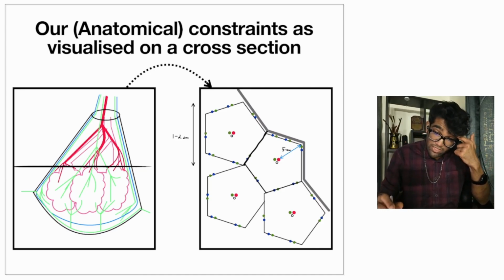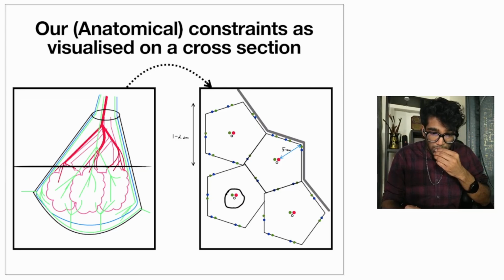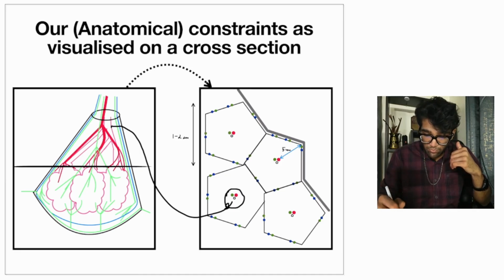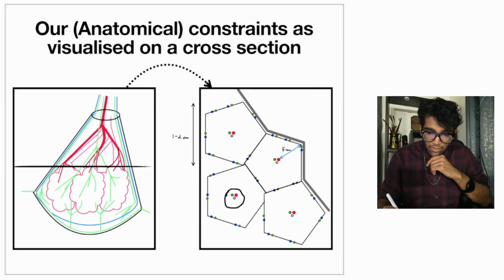In the center of the polygon you've got three structures: your pulmonary artery branch, the red structure; a lymphatic branch, the green structure; and branches of the respiratory tree, the pink structure. Now in the walls of the septa we have two structures. If I take the cross section here, you have your lymphatics, the green structure, and you have your vein.